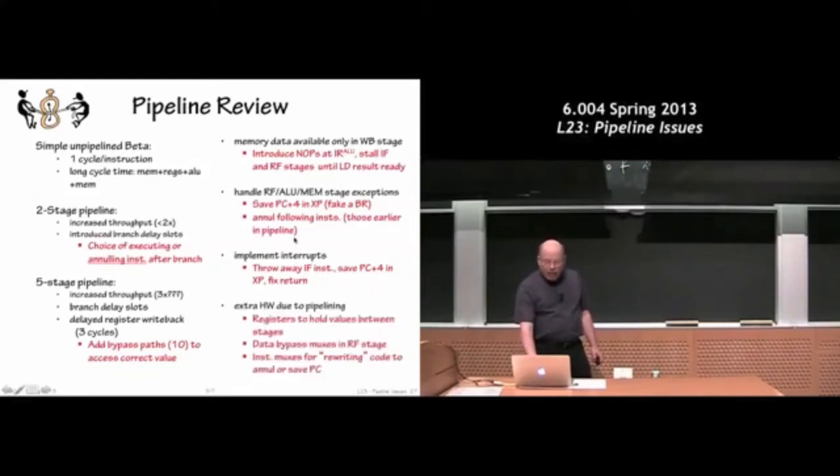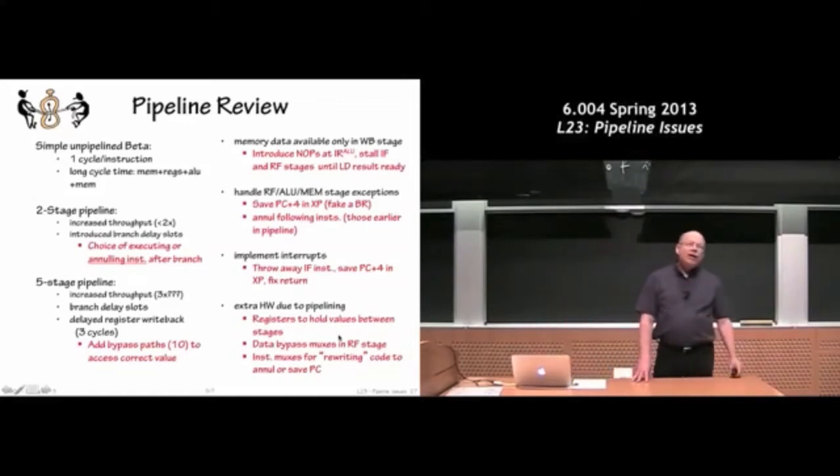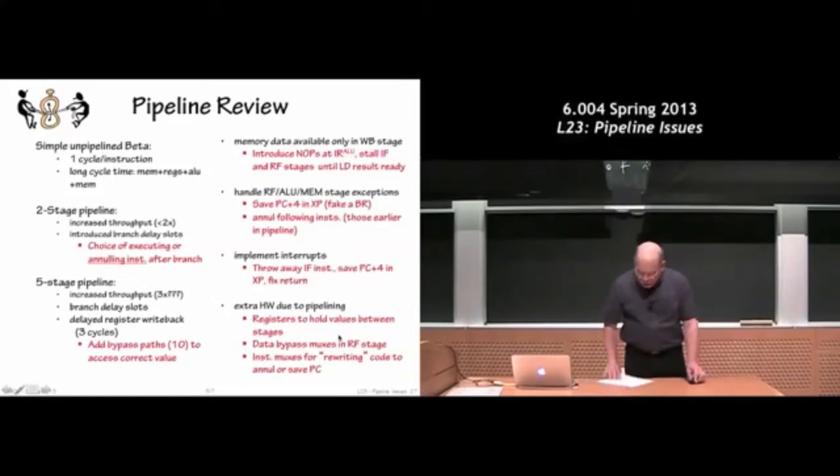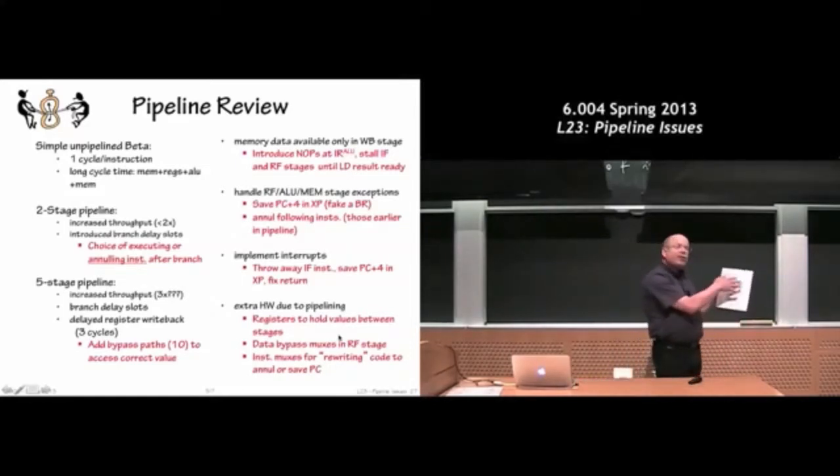All this extra hardware. Overall, what do you think we've done to the size of the machine as it went from an unpipelined Beta to a pipelined Beta? Look at this diagram. Look at all the registers and multiplexers and extra data paths, and compare them in your mind to the sizes of these other things. Of course, if the ALU has a multiplier, that's a pretty piggy piece of electronics. It's just a lot of gates.